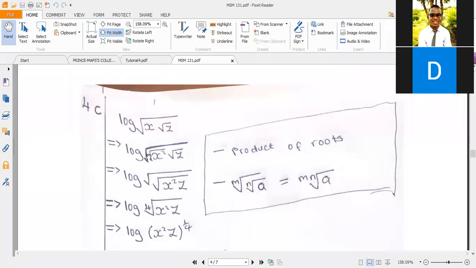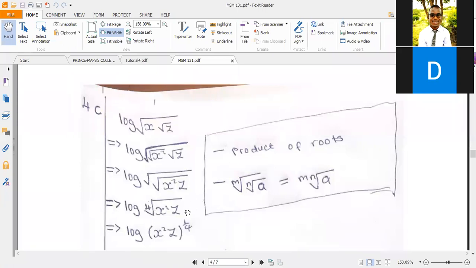So log root of x root of z is equal to log root of x squared root z. And root of x squared times root z is the same as root of x squared z. So the root of x squared times z means we multiply the two roots, and what do we get?